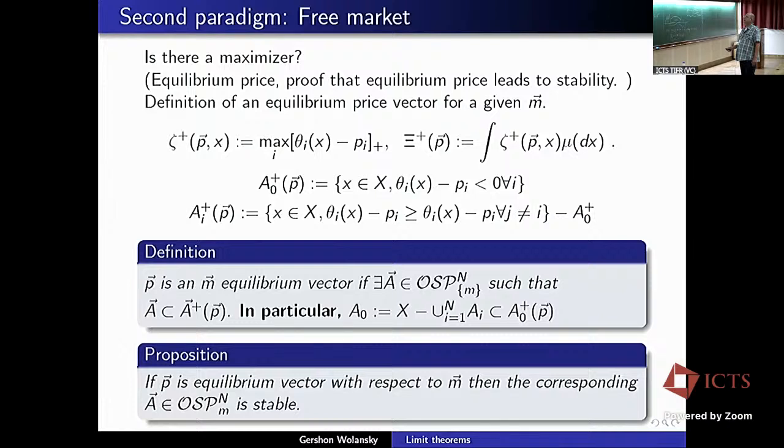Remember, A0 is the complement of the sum of the A_i, and will also be included in A0 plus according to this definition. So again, we can prove that if P is an equilibrium vector with respect to M according to this definition, then the corresponding partition, which is defined here, is stable according to our definition.